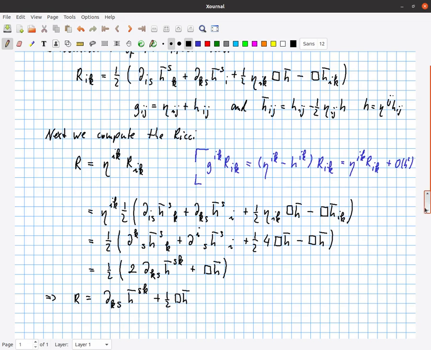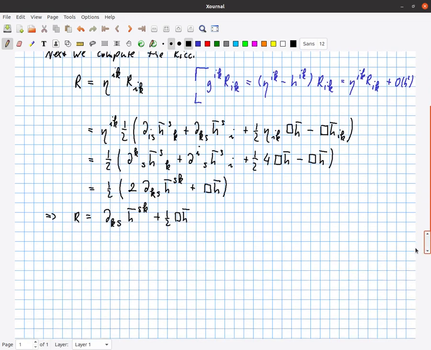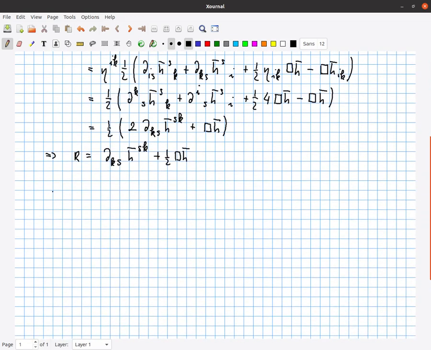Finally, let us compute the Einstein tensor.